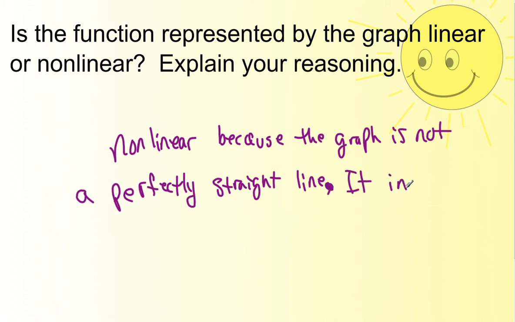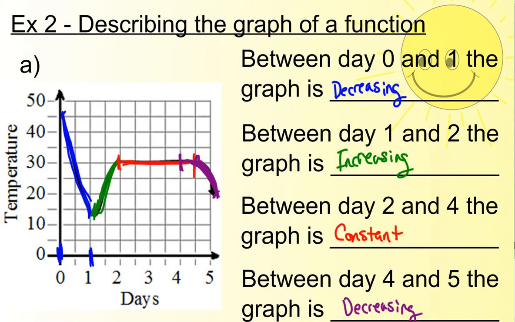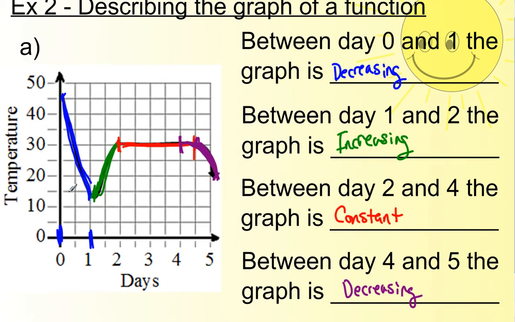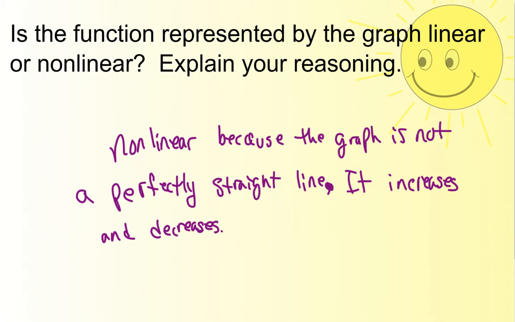It increases and decreases. So that would describe that graph. It's not linear because it's not a perfectly straight line. It's increasing, it's decreasing, there are curves. However you want to describe it, it is definitely not linear.